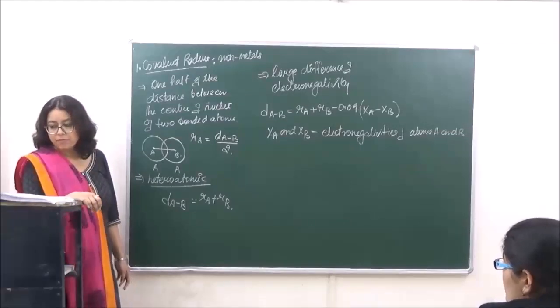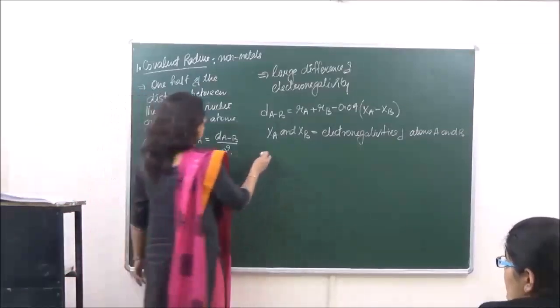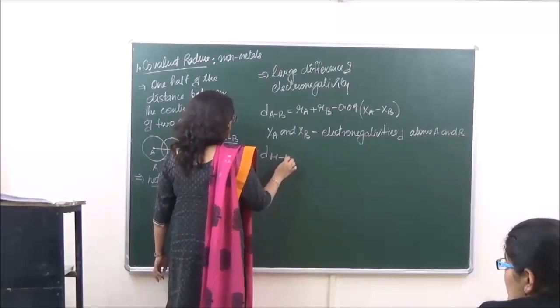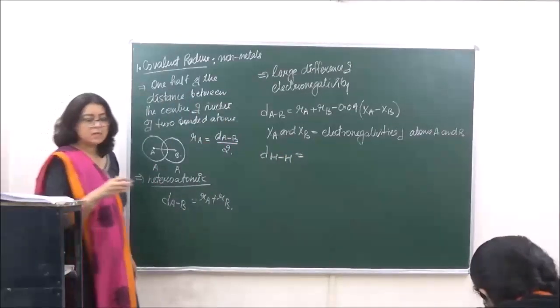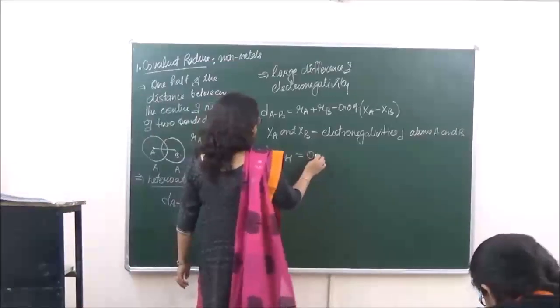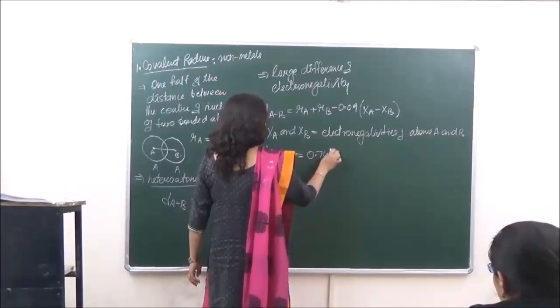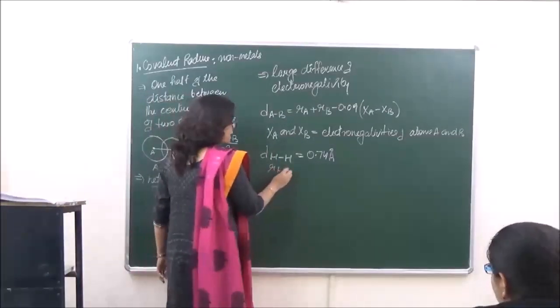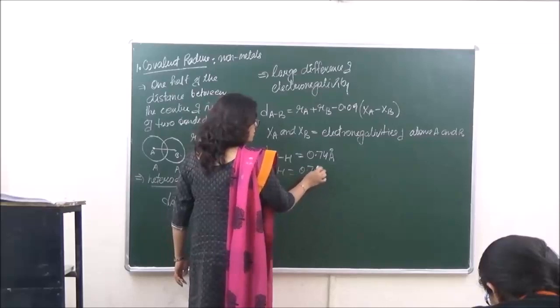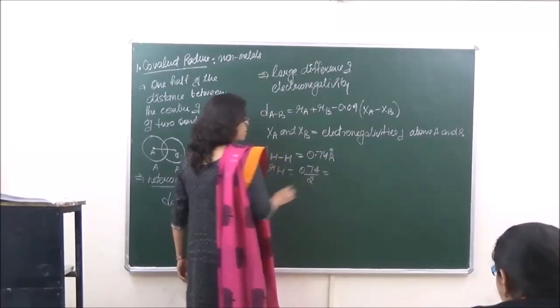For example, if we say that the distance HH in hydrogen is equal to 0.74 angstroms. Right? Then what is going to be the radius of RH? That will be equal to 0.74 divided by 2.